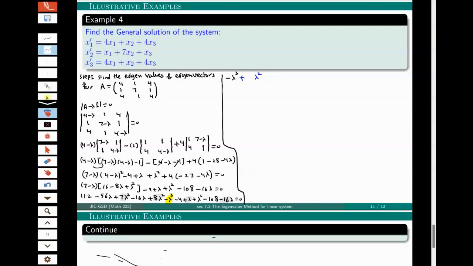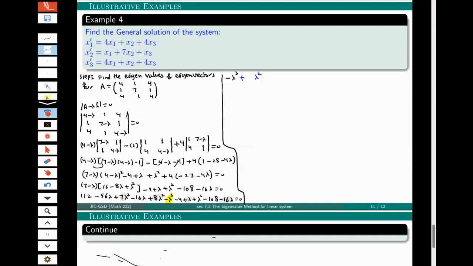Am I right here? Lambda squared. Do I have lambda squared here? Yes. From where we get this lambda squared? There is no lambda squared here, is it? Okay, that is that one.